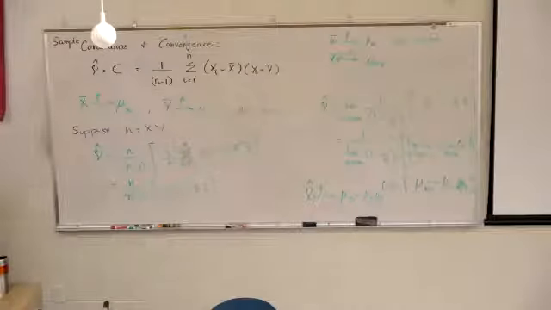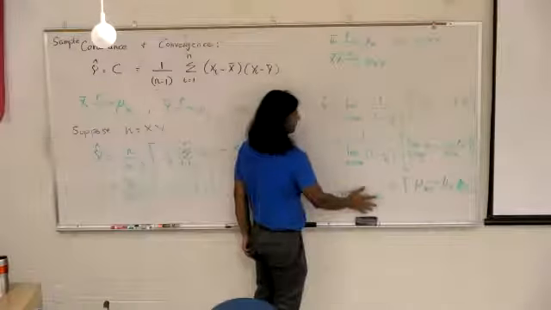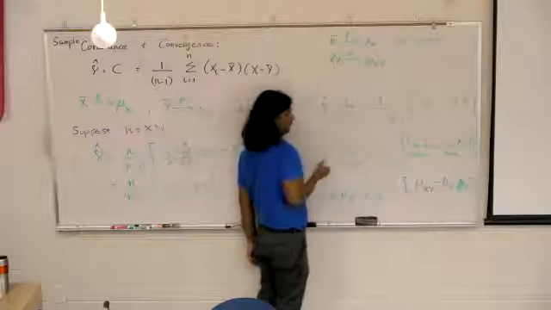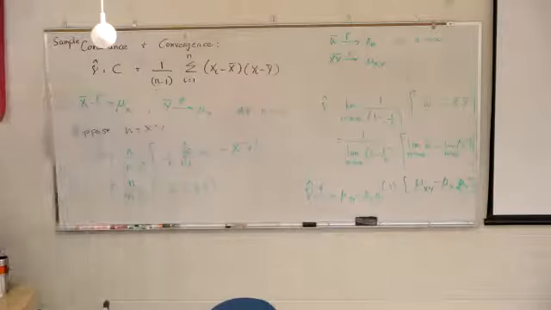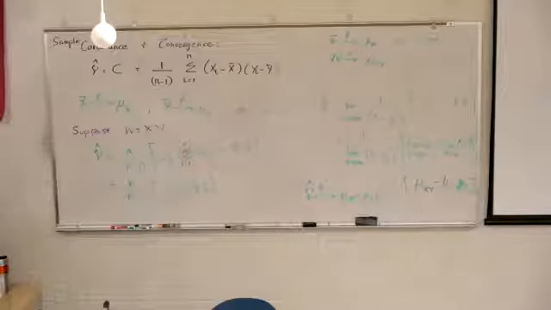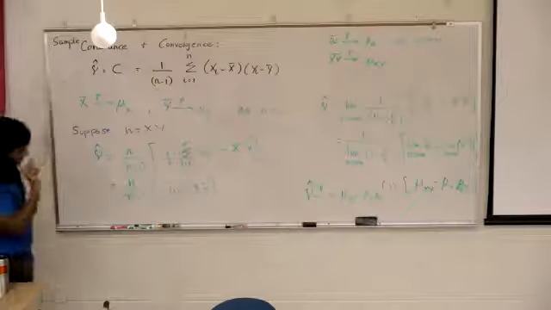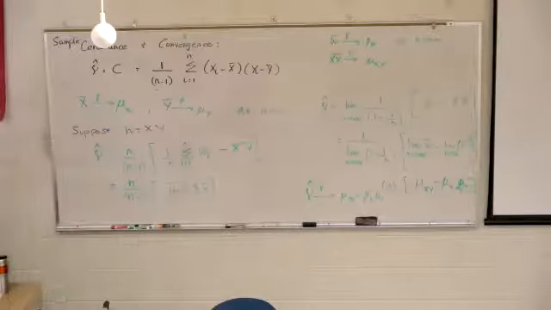What does the right hand part become? Mu xy minus mu x times mu y. Look at what we did at the beginning today when I first started this.